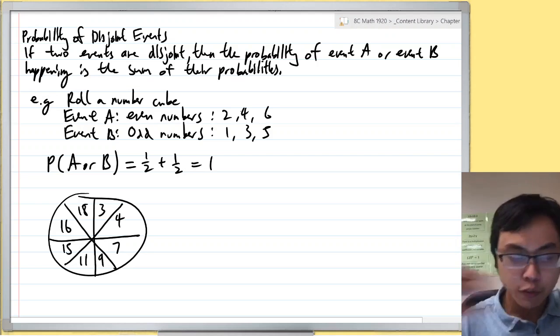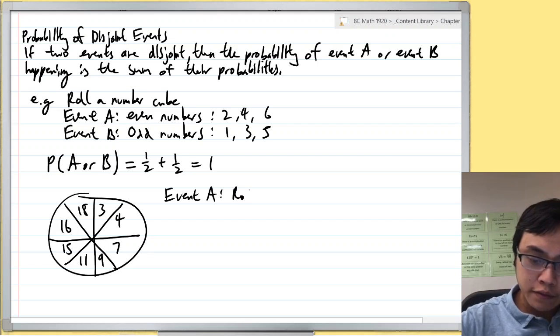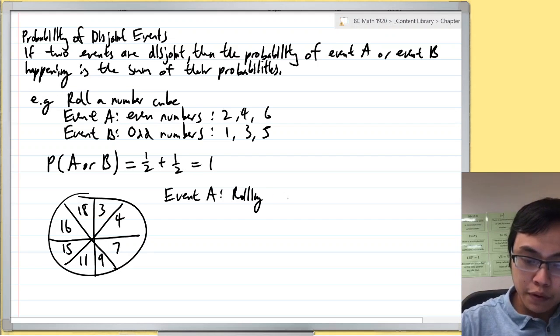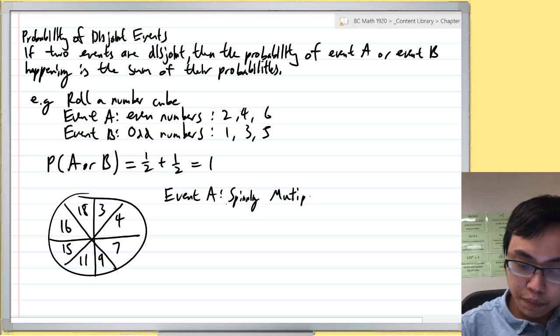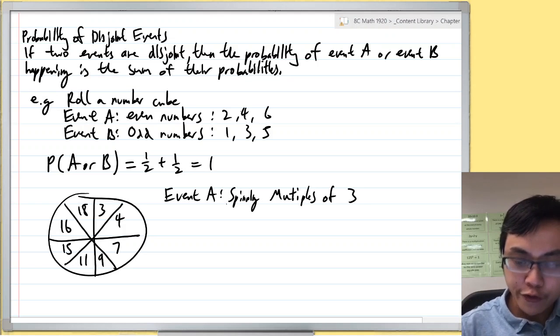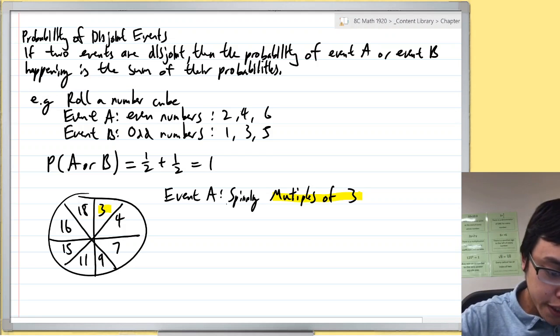I just made up these random numbers. Event A is spinning multiples of 3, which will be 3, 9, 15, and 18.